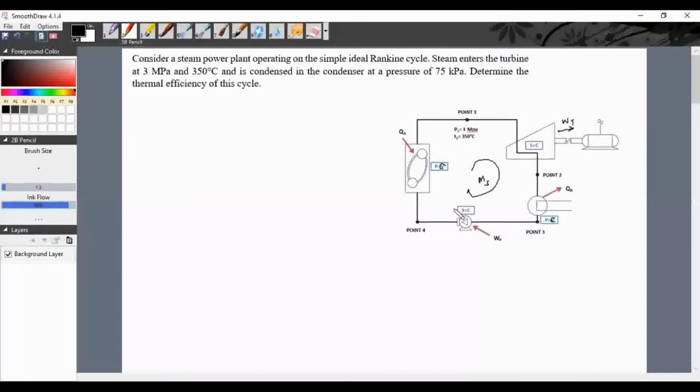Papasok sa pump at S is equal to C. Of course, merong work ng pump. And then, lalabas si steam at point 4. Then, pasok ulit sa ating boiler. Okay? So, we have the following given.